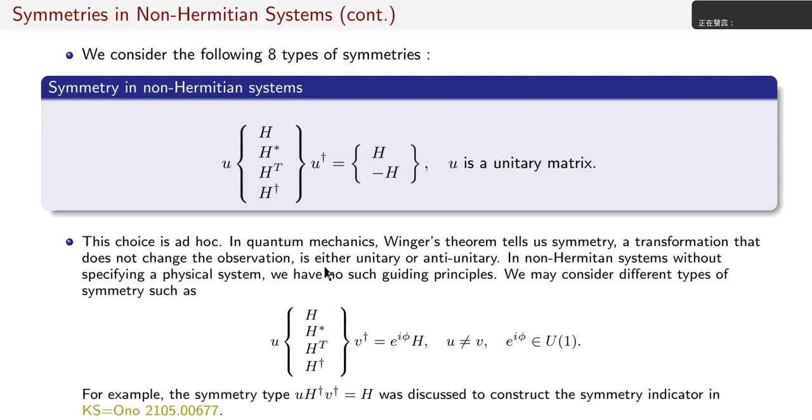Yeah, but why choose this extension? That's not obvious to me, right? So it's just based on mathematical multiplication. Yeah, not based on... But it turns out that this type of symmetry, U and V together, with sign plus minus, is useful to detect some non-Hermitian topology. Yeah, sometimes mathematically it is very useful. But it's not originated from the physical system.